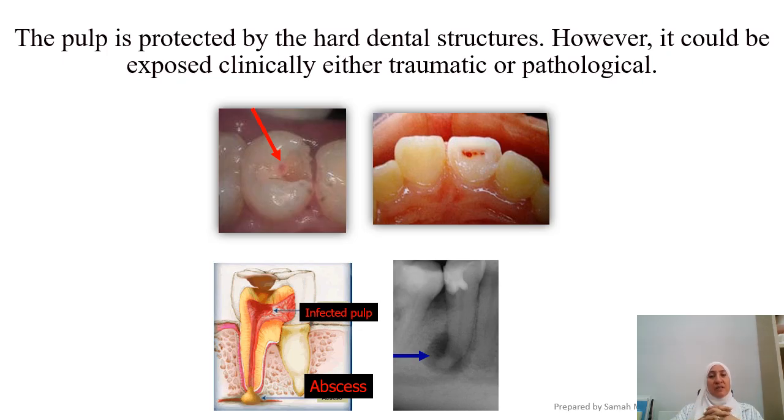This could be classified as traumatic exposure, or of course pathological exposure due to extension of caries, or fracture of the tooth could expose the pulp, and pulp exposure is extremely painful, causing extraordinary, unbearable pain. Thus, pulp exposure is a disaster in your clinic.